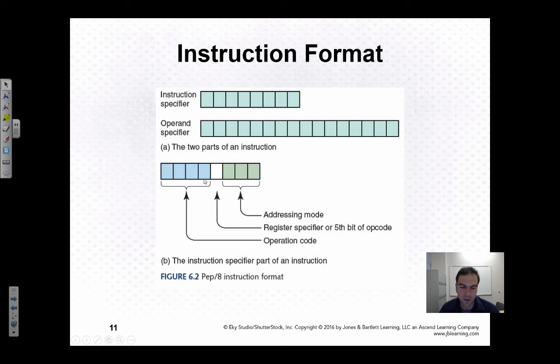Load something into a register, or write a register into memory somewhere, for instance. Generally, if you're going to load something, these 4 bits would be saying you're going to load something, and then this bit would be 0 if you're going to load it into register A, and 1 if you're going to load it into some other register. Your last 3 bits are the address mode, and they tell you how to interpret the operand.